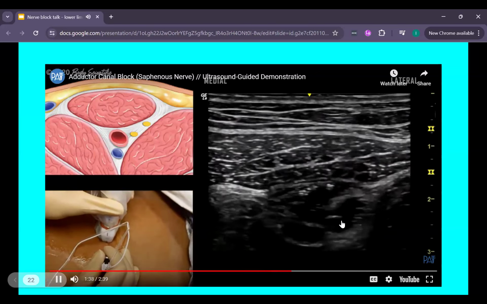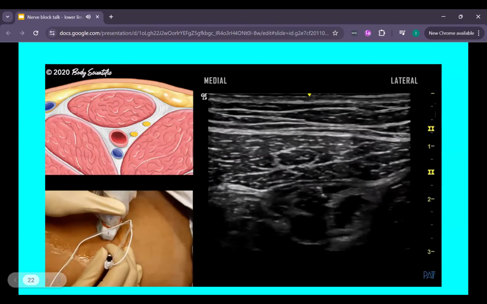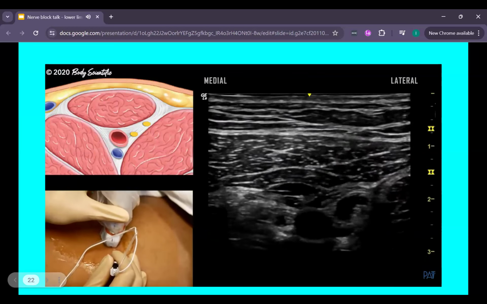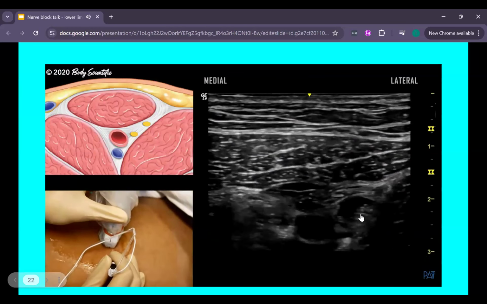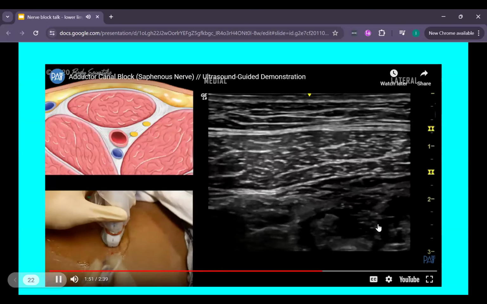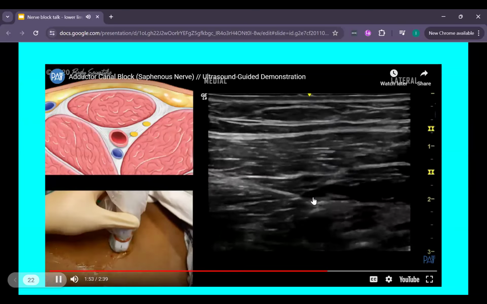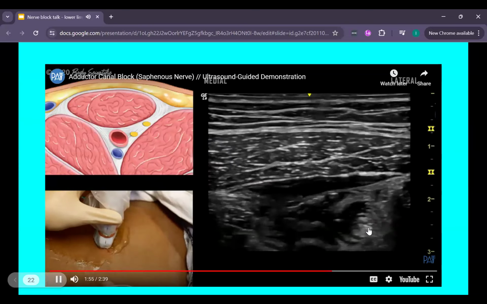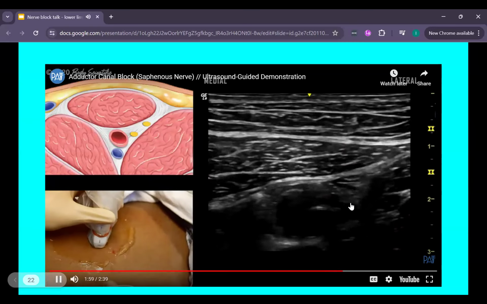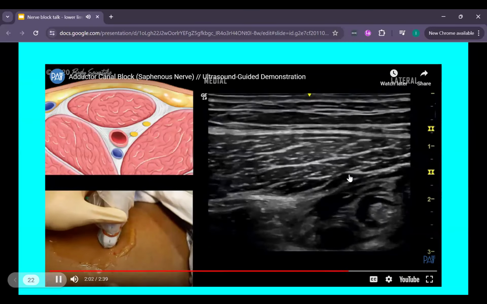And then as we scan a little bit more proximally and distally, we should be able to appreciate the saphenous nerve, which is starting to look like it's this structure just over here. So you can see that saphenous nerve being enveloped by local anesthetic.